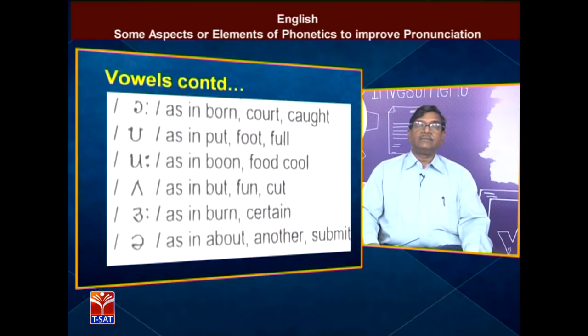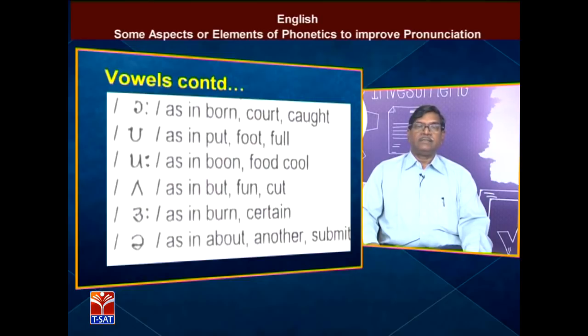And then the last one is a very weak and short sound, as in about, another, submit. In the word submit, the initial sound between s and b is short and weak.